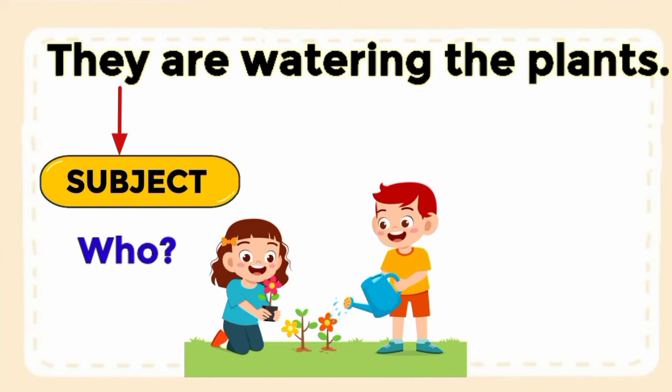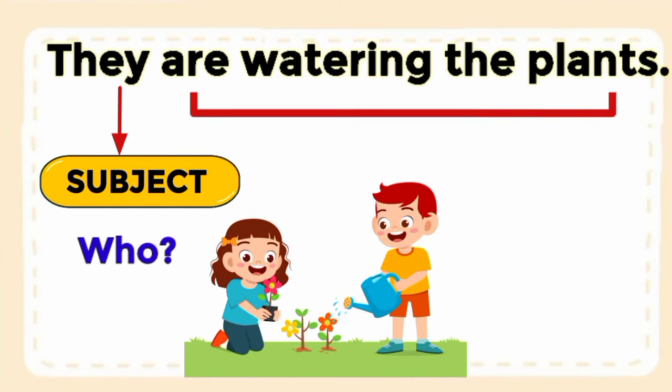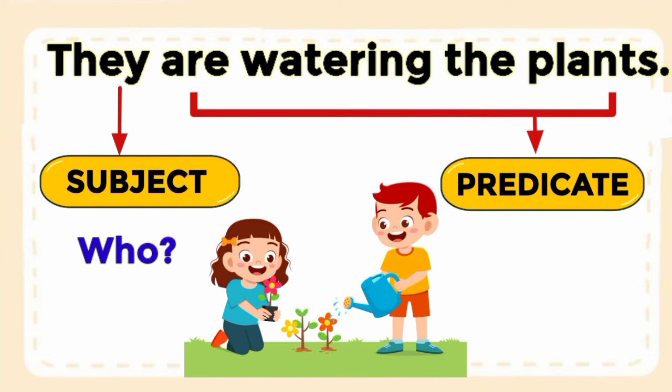So they is our subject. Whereas the rest of the sentence that describes the action done by the subject and gives us more information is our predicate. So if I ask what are the children doing, we get the answer they are watering the plants. So are watering the plants is our predicate.